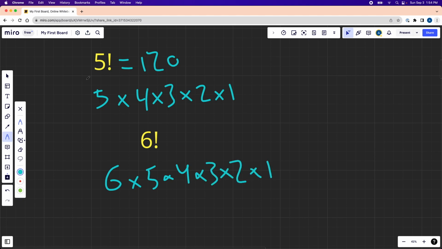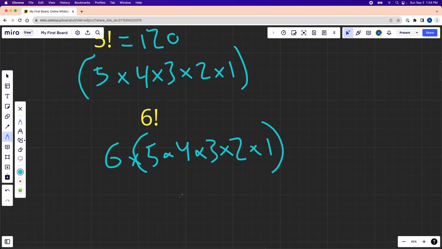And if we look at this compared to this, we might notice that there is a common expression of 5 times 4 times 3 times 2 times 1. So 6 factorial really is the same as 6 times 5 factorial.